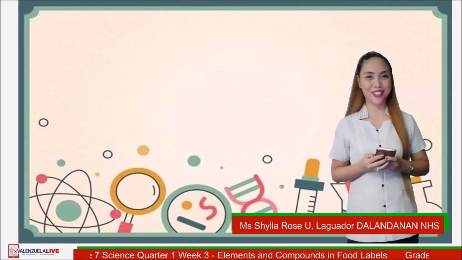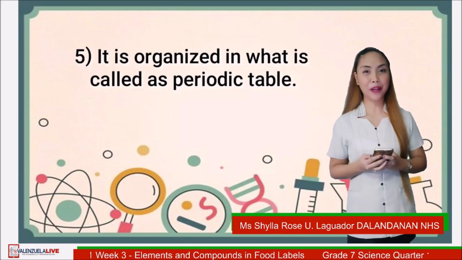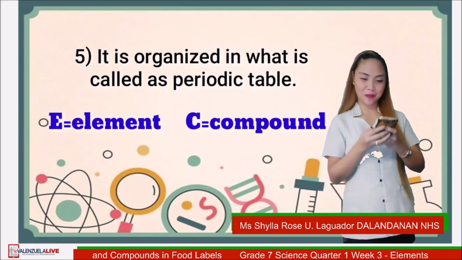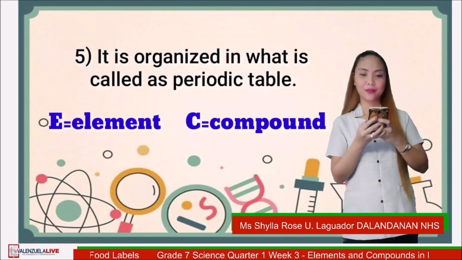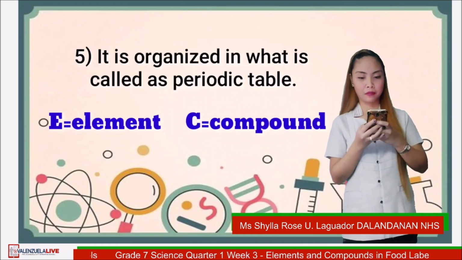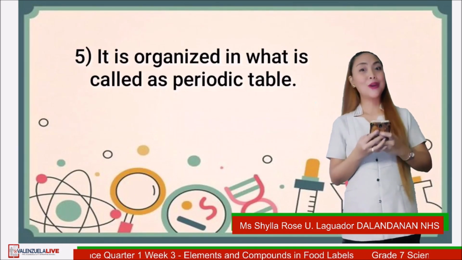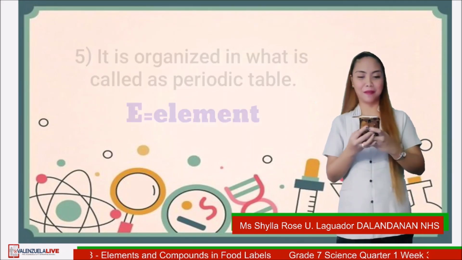Let's proceed to the last one. It is organized in what is called the periodic table. Is it an E or a C? Good job! The correct answer is letter E for element.